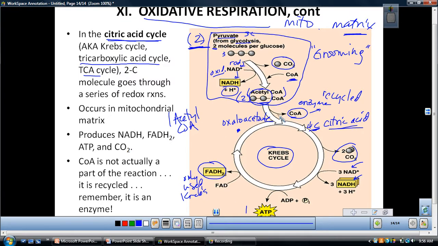So if you do all the numbers, from my original glucose, Krebs will spin twice. So my total gain will be 6 NADHs, 2 ATP, and by the way, this is through substrate level phosphorylation, just like it was in glycolysis, and we will gain 2 FADH2s. This picture is showing you 1 spin of the cycle for 1 acetyl-CoA, but you have to remember to tell yourself it's spinning twice because we have 2 acetyl-CoAs.